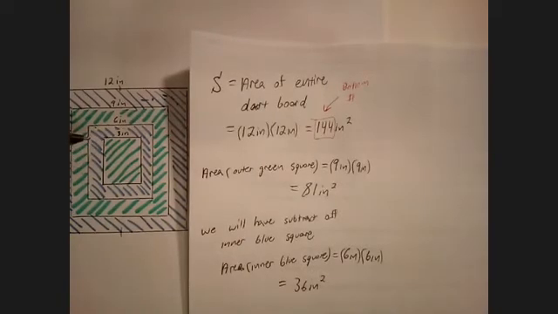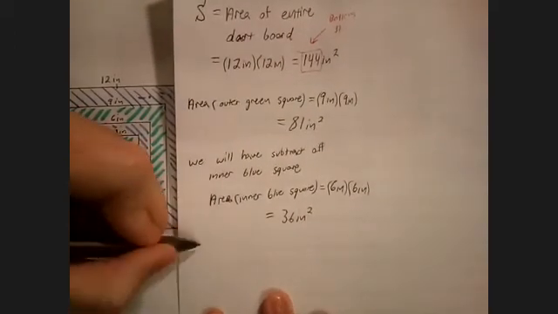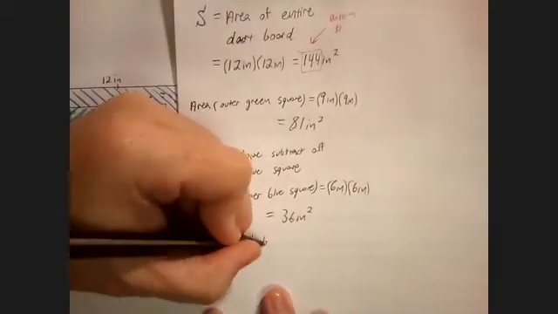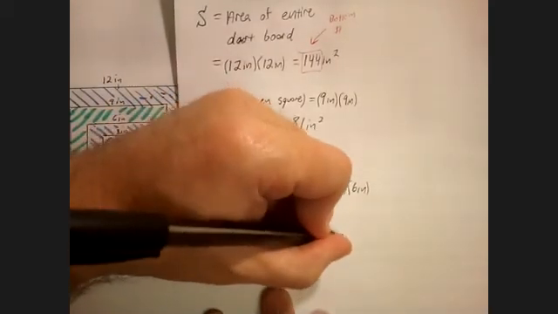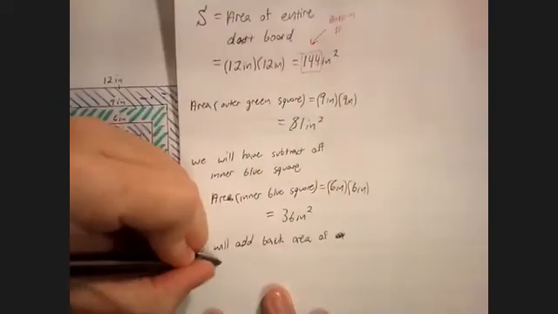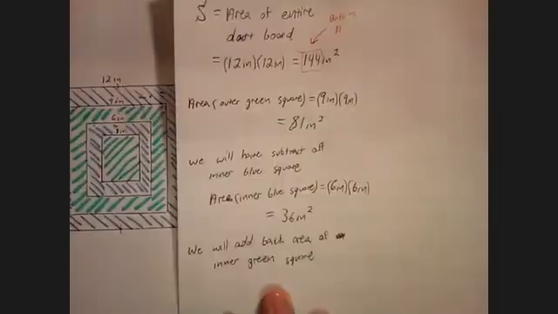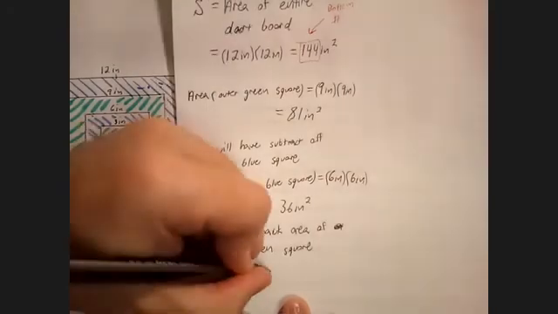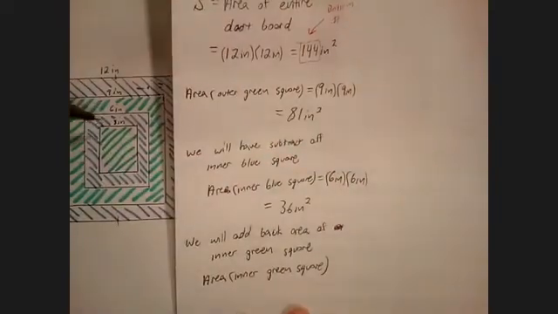But we also will want to add back this inner green square. So let's find the area of the inner green square. We will add back the area of the middle or inner green square, which is 3 by 3 in my case.